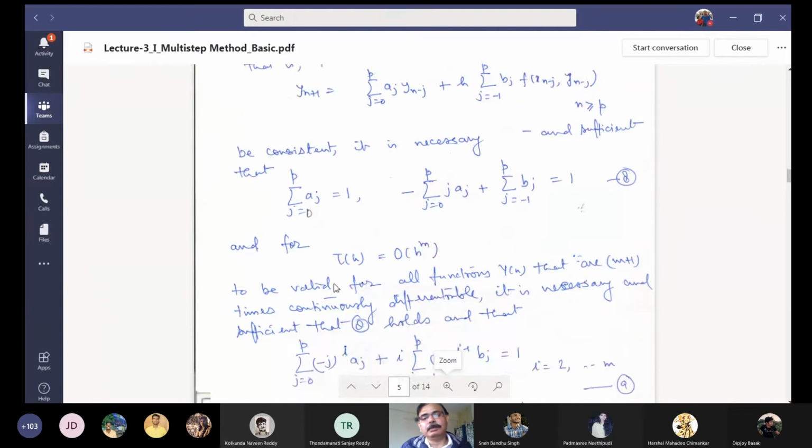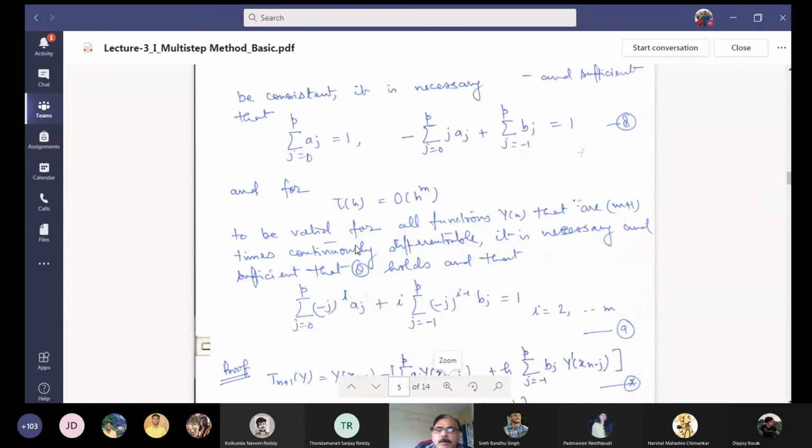And then for the method to be of order m, our tau h is big O of h to the power m, valid for all functions y(x) that are m plus 1 times continuously differentiable. It is a necessary and sufficient condition that 8 holds. 8 holds means, first thing, the method should be consistent.